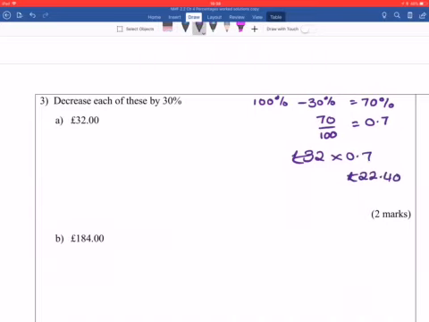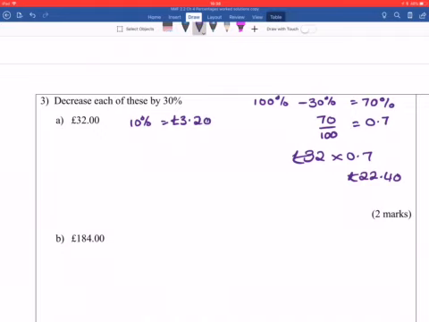Or I can do 10% is £3.20, dividing by 10, so 30% is 3 lots of that, which would be £9.60, and I can do 32 minus £9.60, and again I get £22.40.